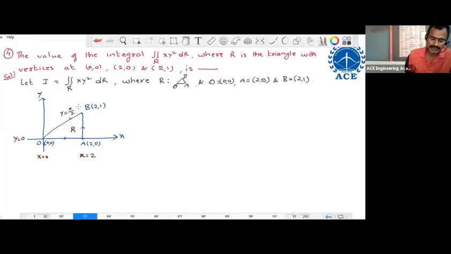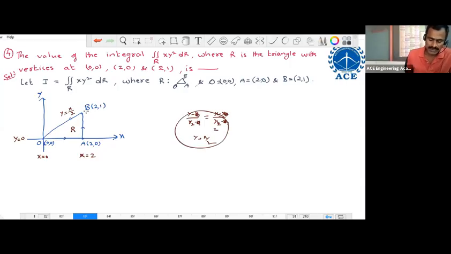If we use (y minus y1) by (y2 minus y1) equal to (x minus x1) by (x2 minus x1), with x1, y1 being 0, 0 and x2, y2 being 2, 1, we get y equal to x by 2. Like this, the equation of the straight line joining these two points.